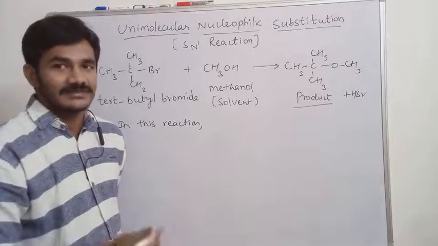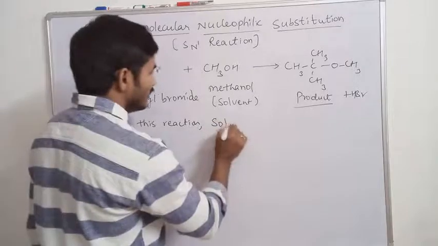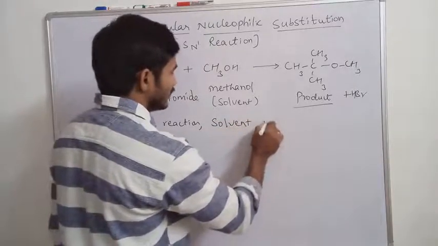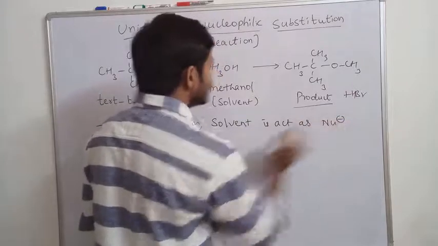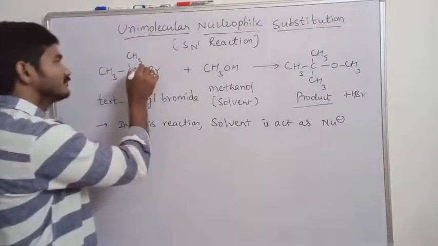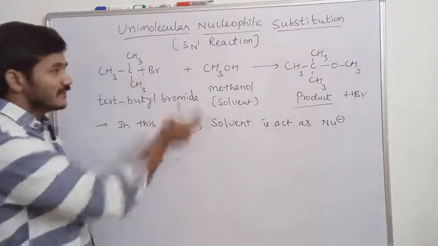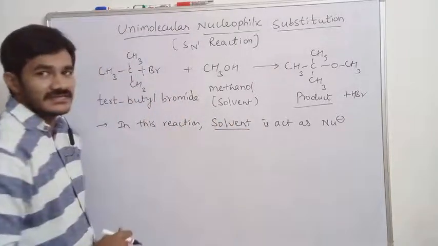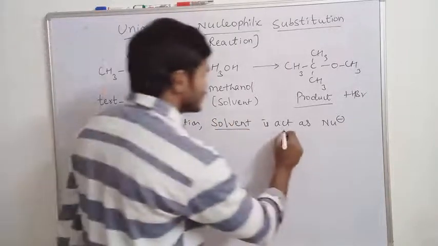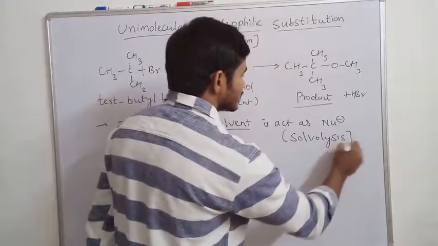The solvent itself acts as the nucleophile. This nucleophile will break the carbon-bromine bond, and it forms the product. As the solvent is going to break the C-X bond, this process is said to be solvolysis.